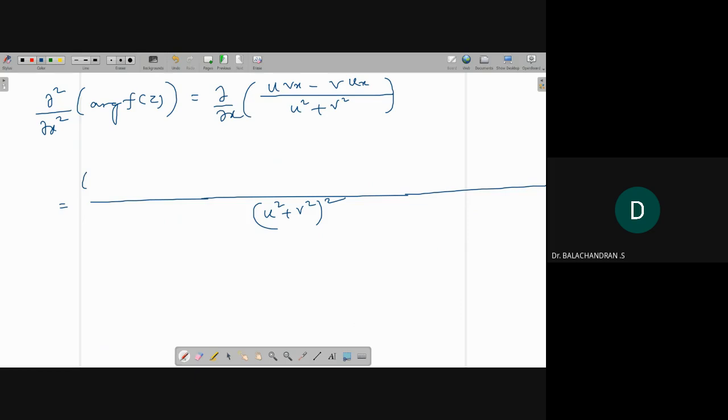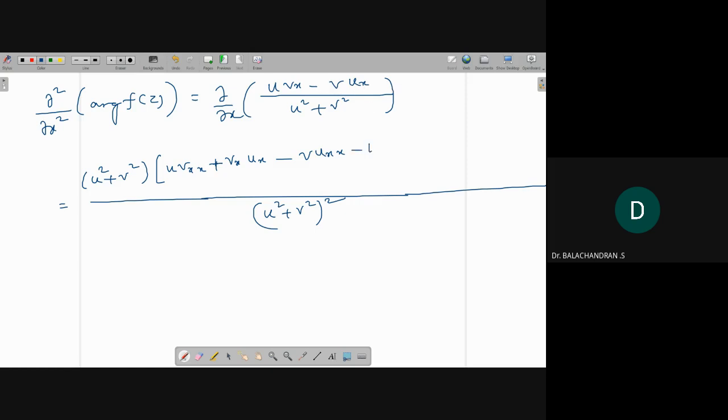So keep u square plus v square, and if you differentiate the numerator, you will get what? U into vxx plus vx into ux, minus v into uxx, again minus vx into ux.